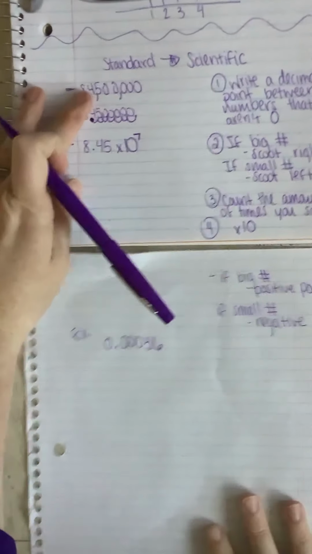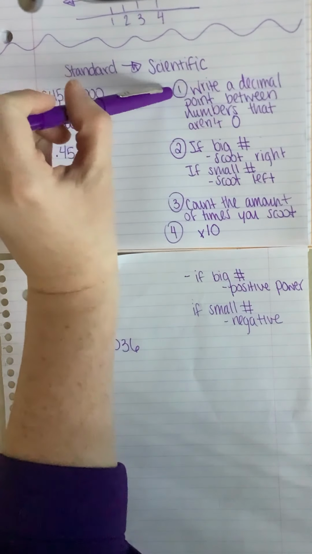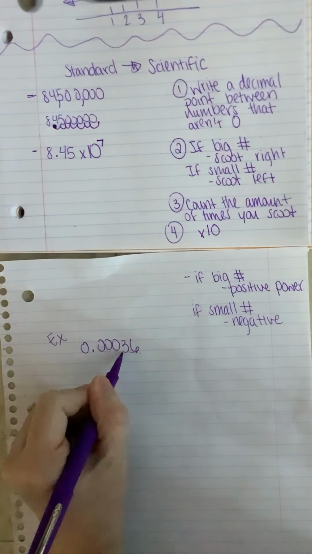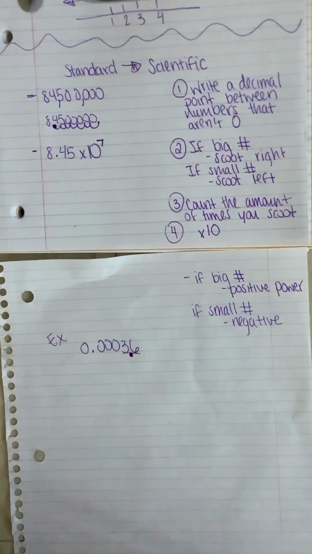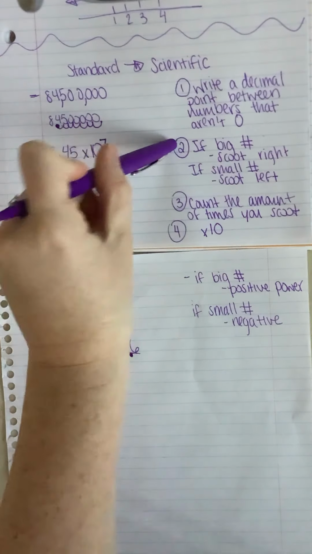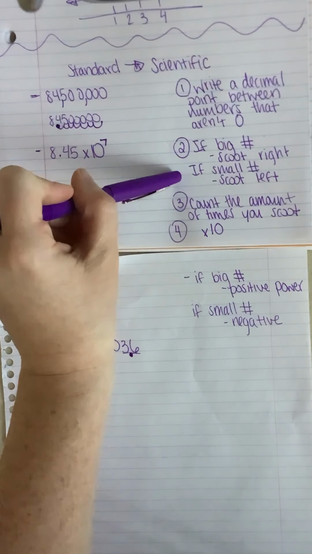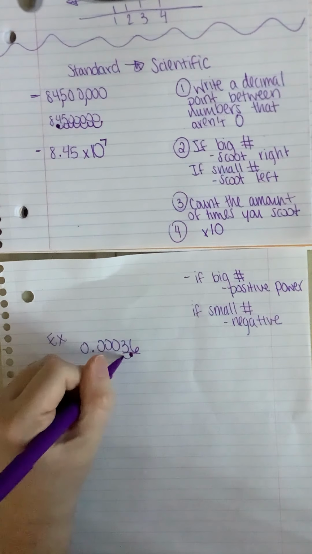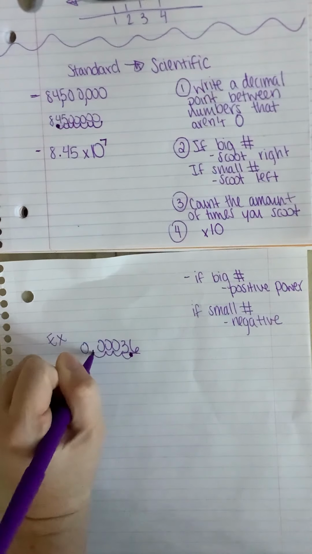Step 1 told us that we need to write a decimal point between numbers that aren't 0. Well, the first two numbers I see are 3.6, so I'm going to write a decimal point there. Step 2 is how we're scooting, but this time I have a smaller number, so I'm going to scoot to the left and count the amount of times we scoot. 1, 2, 3, 4. And you're going to scoot until you hit that original decimal.